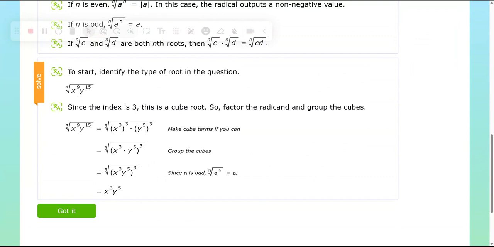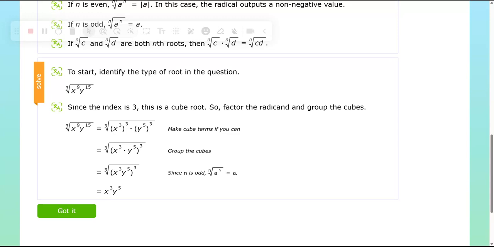All right, so take a look over here. They do exactly what I did. All right? So this is odd root, so the answer has no absolute value sign. Okay? So now x to the 9, they break it down at 3 times 3 because you divide by 3, so the power 3 and the cube root cancel out.